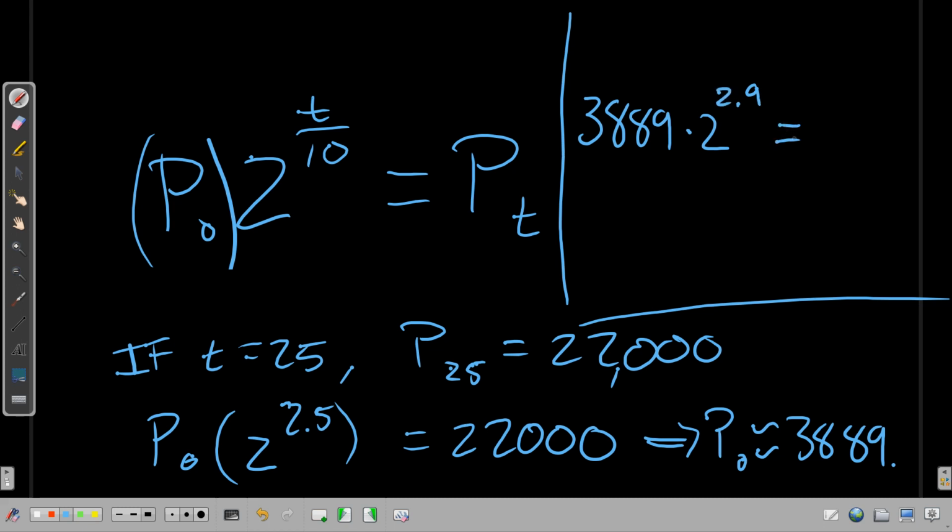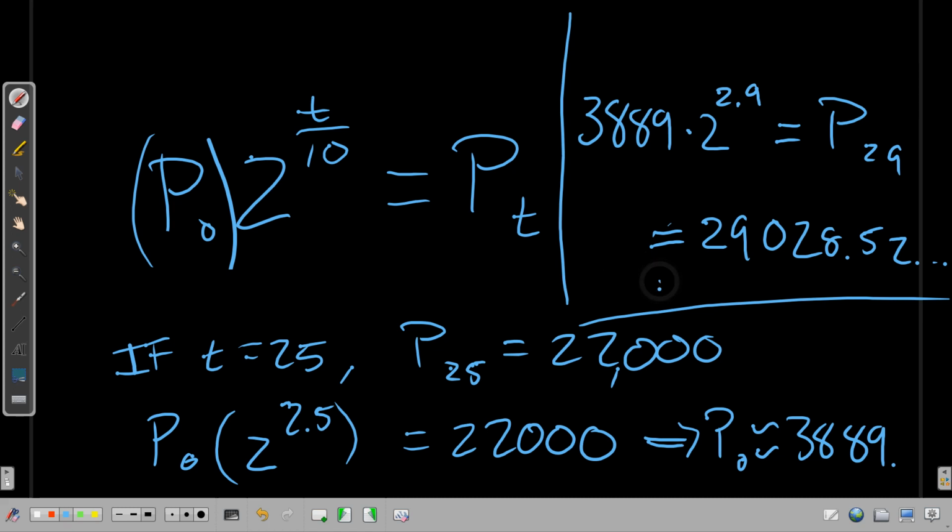This is the population after 29 years. So 3889 times 2 to the power of 2.9, I get that this is 29,028.52 and so on. And I would need to round it to the nearest whole number, so I'd be getting 29,029.